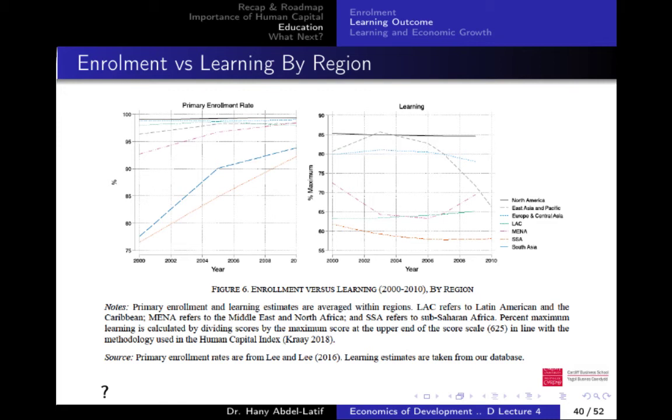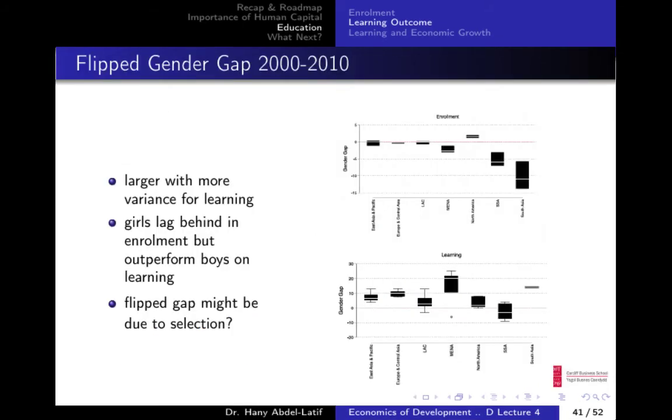What is more interesting is that now it's very clear that learning is different from enrollment, and learning might explain things related to growth, which we'll come back to. But there's something very interesting about girls and boys, because most of this literature compares girls and boys.